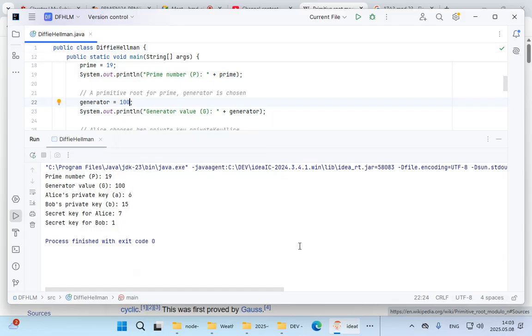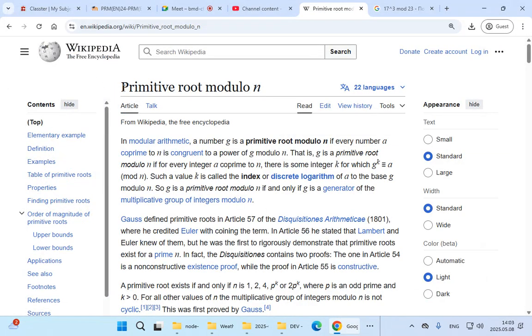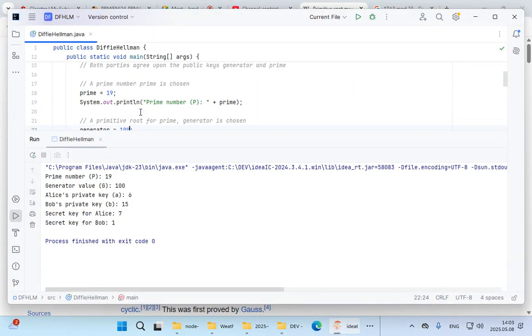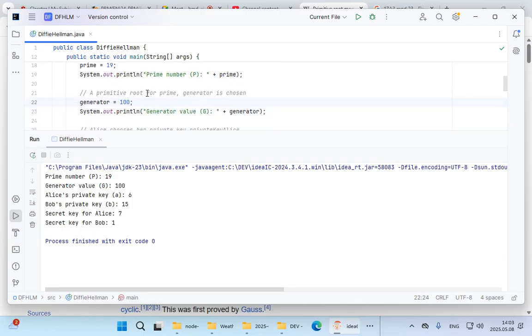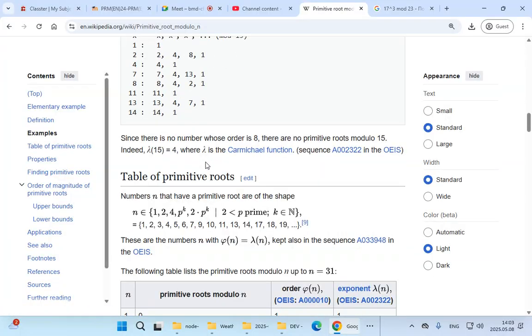So you have to figure out which numbers to take, but you have to keep to this rule: the prime number is chosen, and for the generator the primitive root should be chosen. Yes, so you have to choose the primitive root. Is this understandable? And the primitive roots can be taken from the tables.